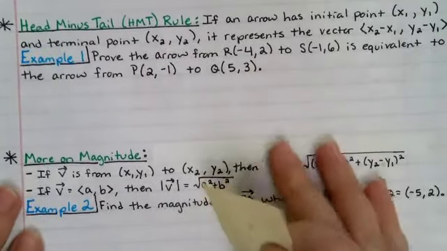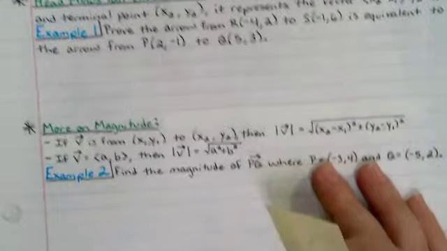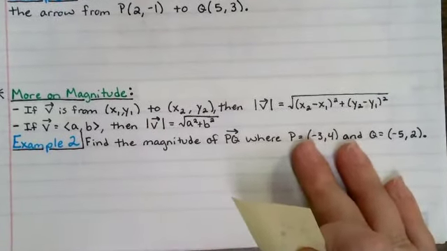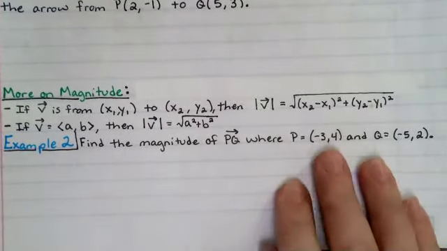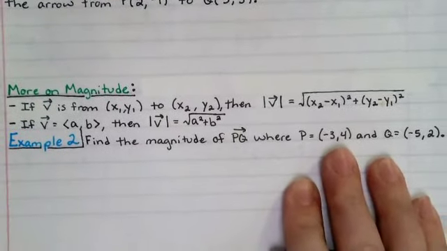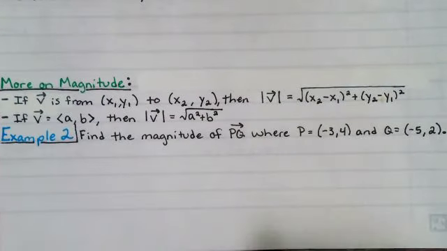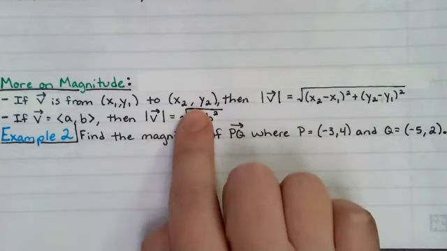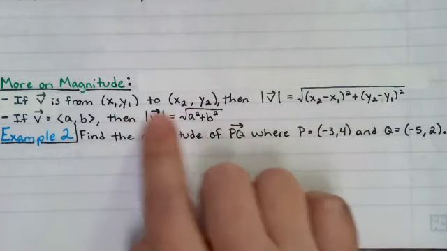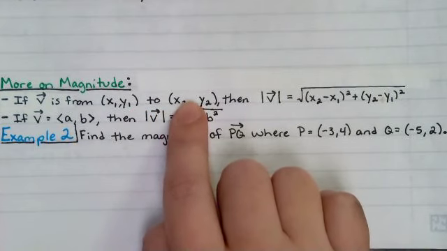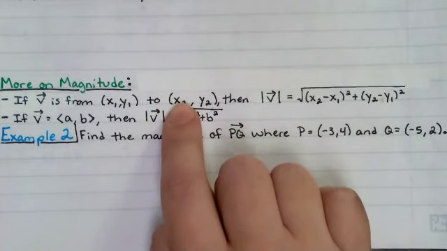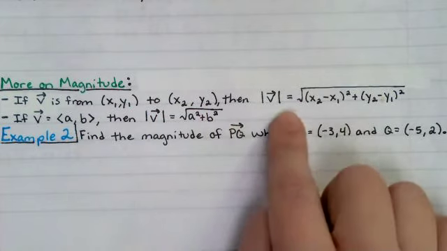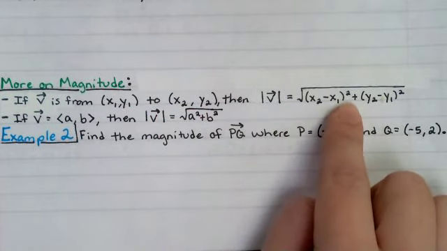So here that is in note form. Okay, we've got more on magnitude down here, and you'll see that we've got those two kind of drawn out. I'll zoom in a little bit more. All right, so you're seeing in this first option, what if I have the initial and the terminal points? If I've been given coordinates like that, then I can find the magnitude easily by using the distance formula.